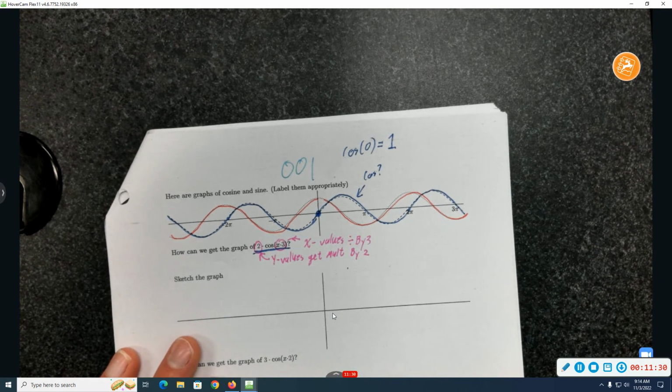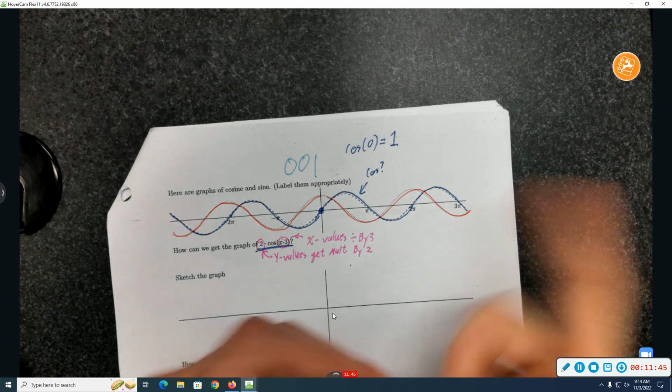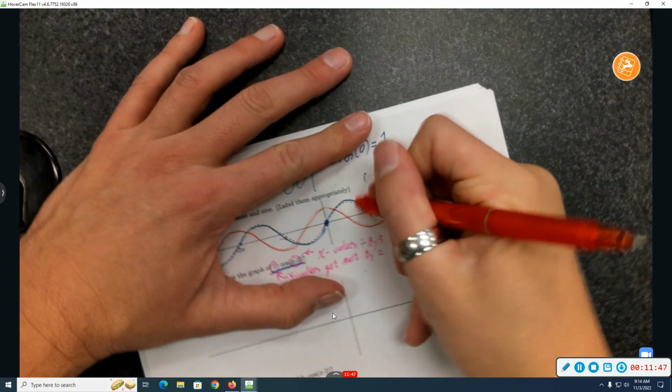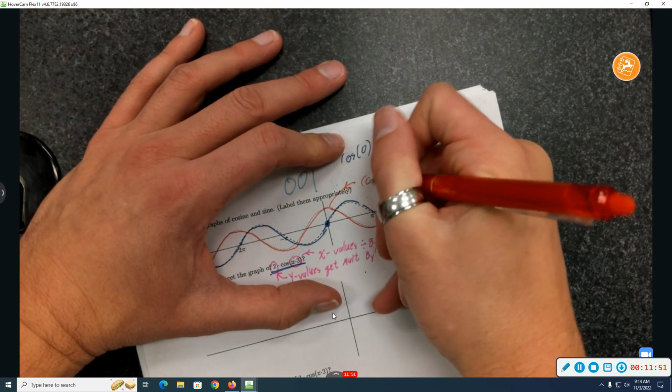Like, what is cosine of 0? Oh, so how about this? Is cosine even or odd? Even. Which of those two is even? Orange. So I think blue isn't cosine. Orange is cosine.